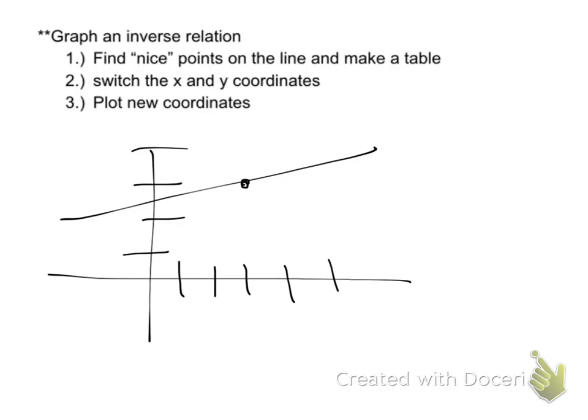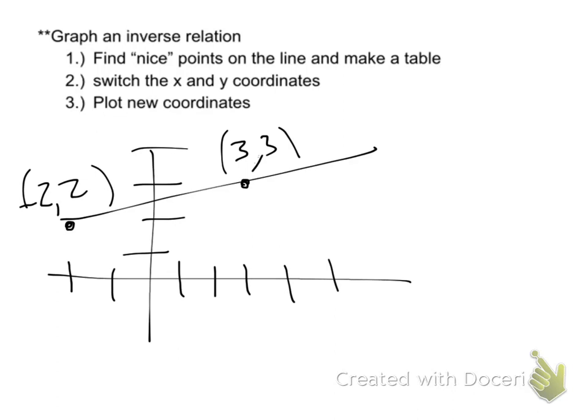Like this point right here looks like 3, 3. And maybe something back here, which would be about here, negative 2, 2. Yes, it'll work out fine.